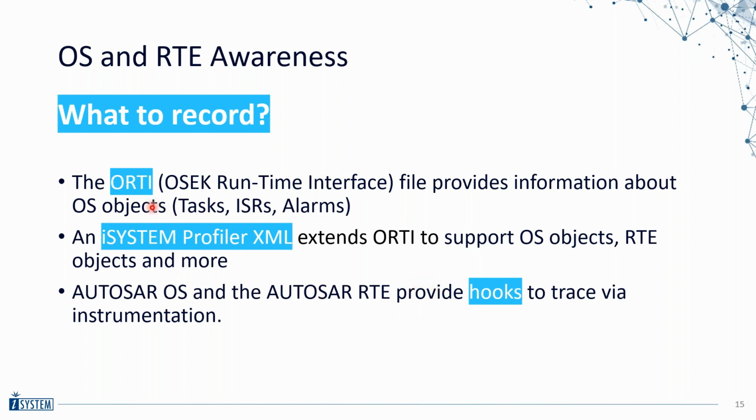So those are the sources that we can use to identify the objects that we want to trace. I know I'm a little bit vague here because if we actually looked at a particular use case, it depends a little bit on which approach is the best. So I just want to give a general overview here, and then we would have to decide on a case-by-case basis which is the best approach.